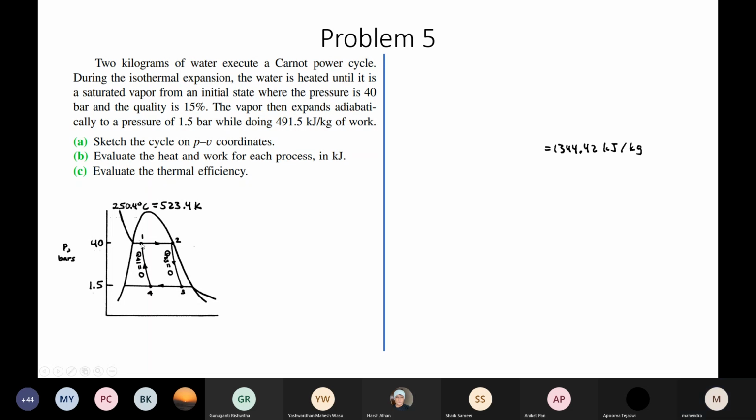Initially it is at 40 bar pressure and 15% dryness fraction, and that is heated in the boiler. It reaches state 2, meaning saturated vapor. That saturated vapor is expanded in the turbine in an adiabatic process. There we have obtained this much work.